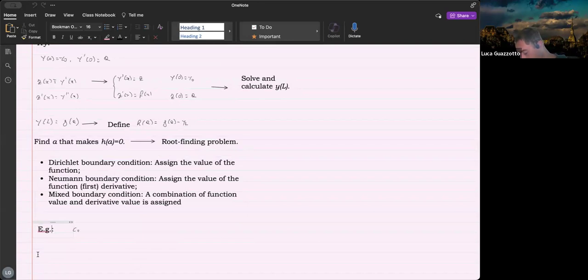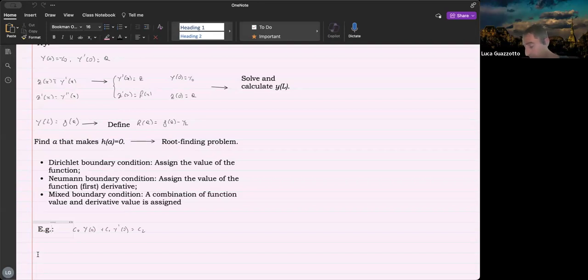C0 times y equals 0 plus C1 times y prime equals 0 is equal to some number. Could be 0, could be some other number. Well, I want to start integrating from here.